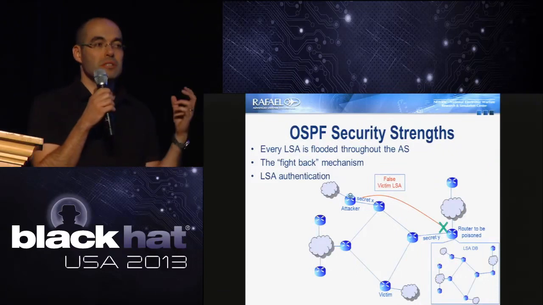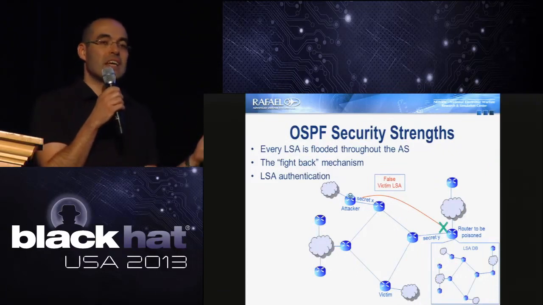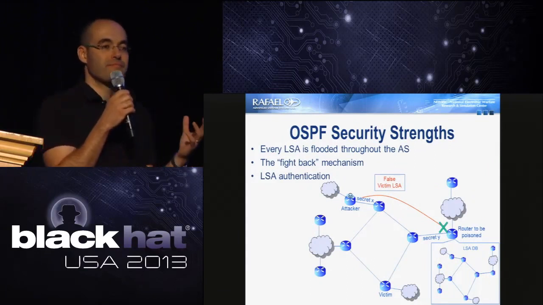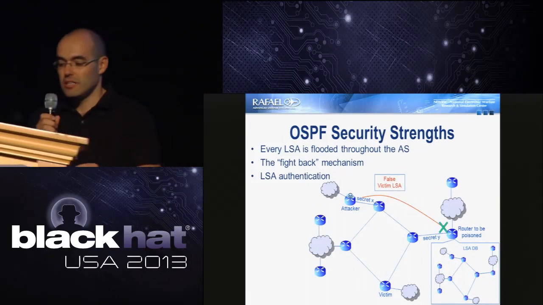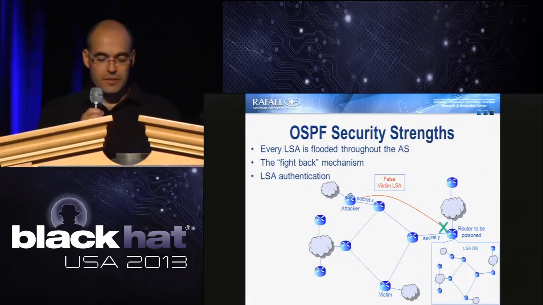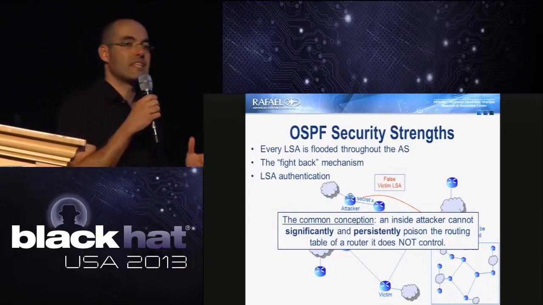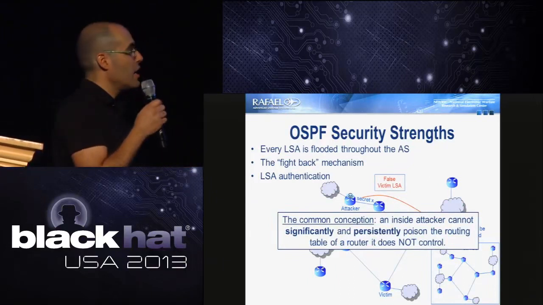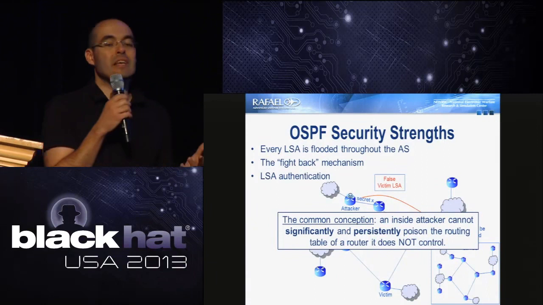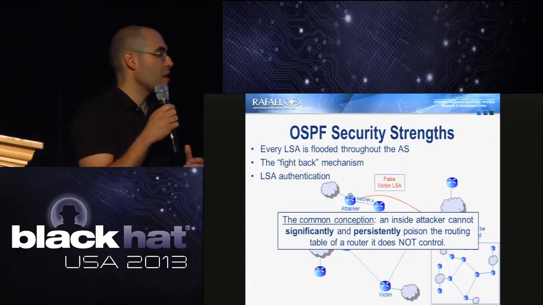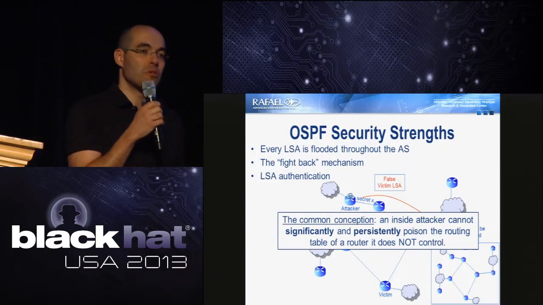Because once he does that, the other router will simply fight back, making the attack's effect non-persistent. So the common conception is that an attacker, even if it is an insider, simply cannot significantly and persistently poison the routing table of a router it does not control.